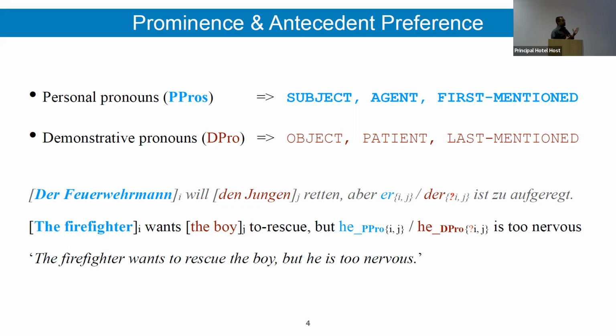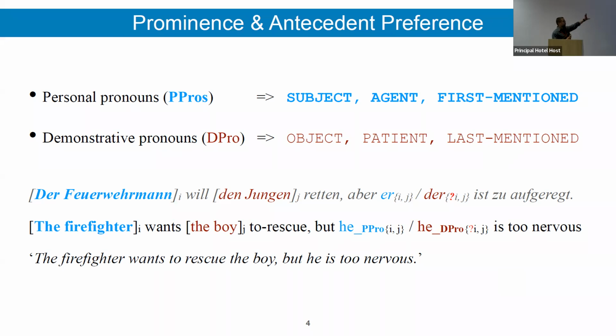So all 3 of these prominence-lending cues are with the first referent, the firefighter. On the other hand, the DP the boy is the grammatical object, it's the patient, it has the patient theta role, and it's also the last mention. So we have this separation of prominence cues.